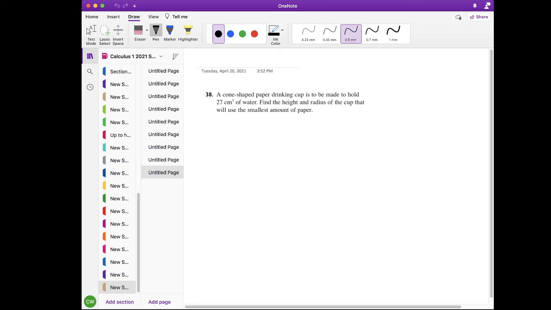Okay, so I'm going to give you the formula for surface area for a cone because it's not that fun. Given that the surface area of a cone is pi r times r plus square root of h squared plus r squared. So that is the surface area for a cone. The volume's not as bad. Okay, so you have a cone drinking cup that's made to hold 37 centimeters cubed volume of water.